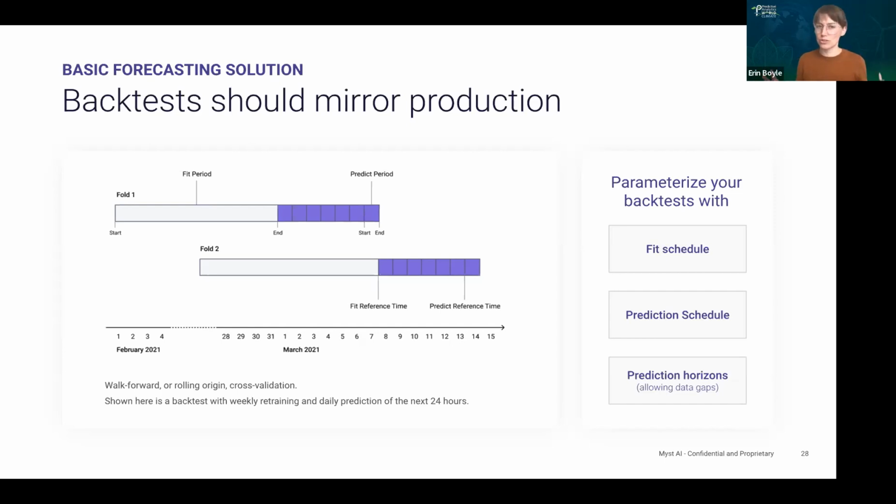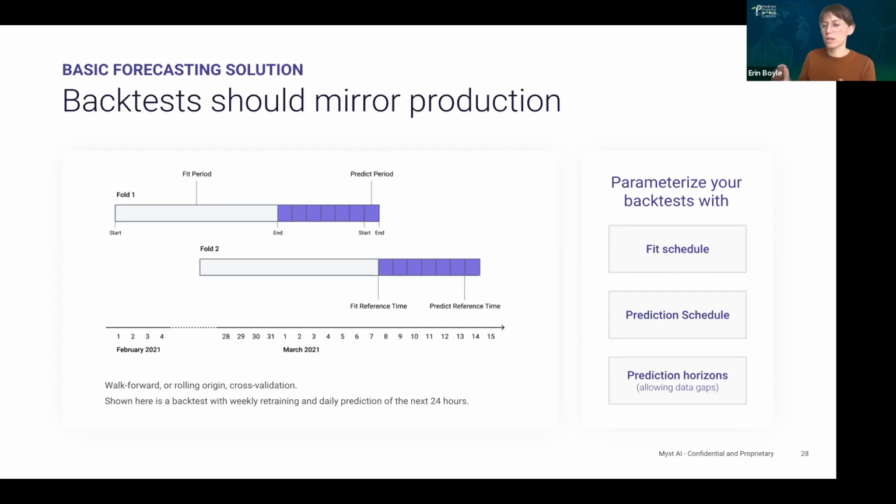So what are you going to do when you go live in production with some forecasting workflow? You're going to define a schedule on which your models fit. And you're going to define a schedule on which you make predictions. For that fitting process, you're going to define what range of data you fit on in the past. And then for that prediction piece, you're going to define the horizons that you're forecasting.